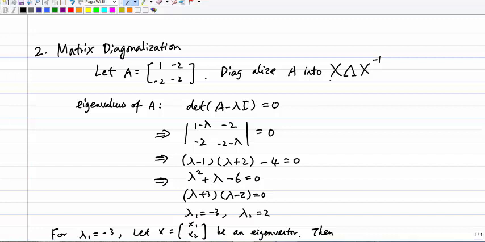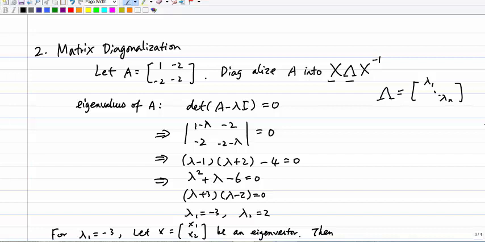This lambda is a diagonal matrix. If you don't know how to do that, you can watch my previous video on how to do the diagonalization.